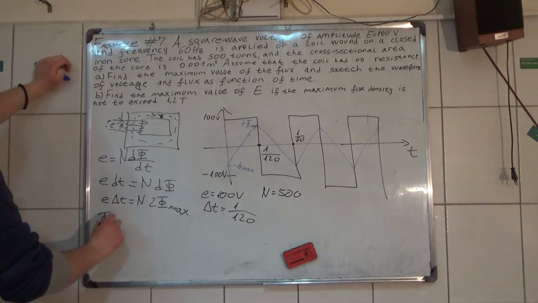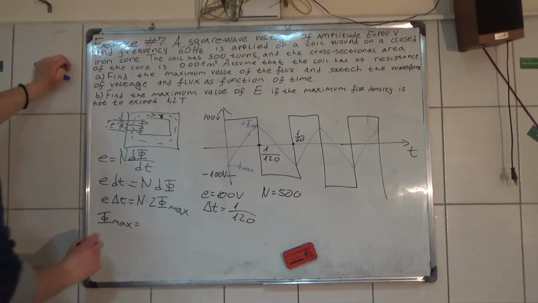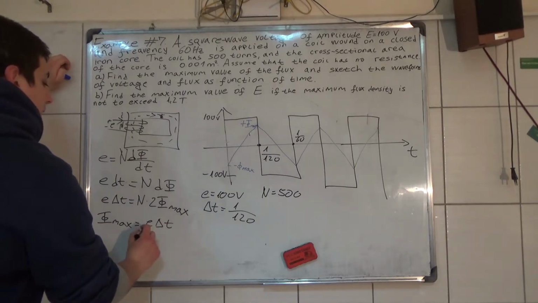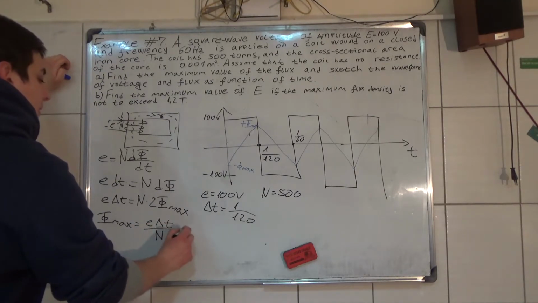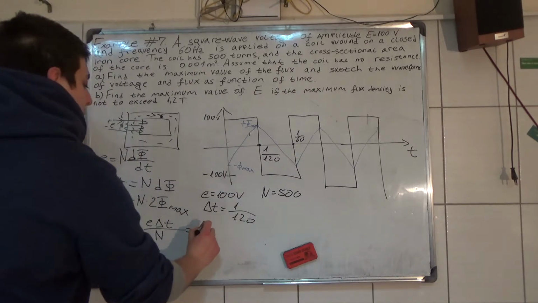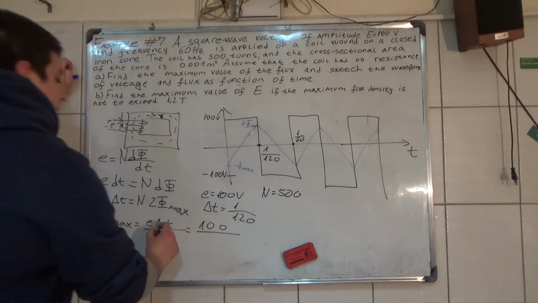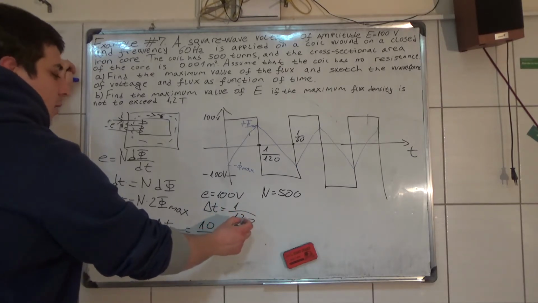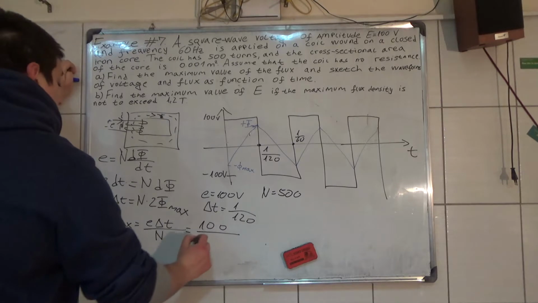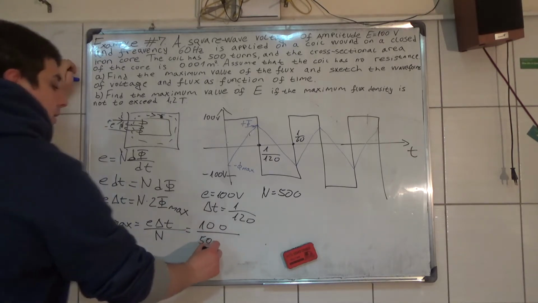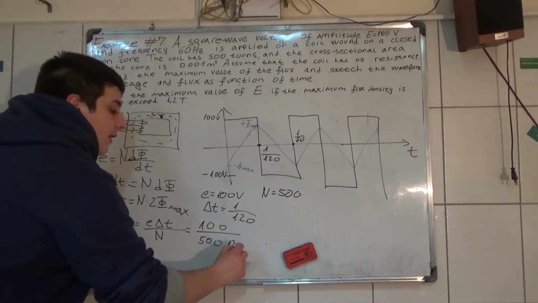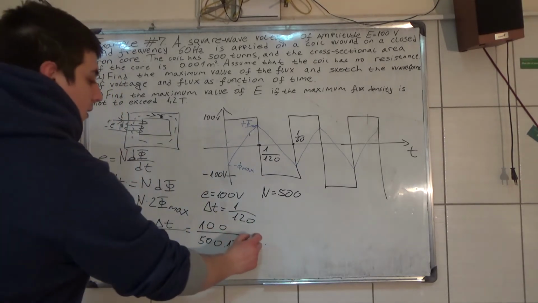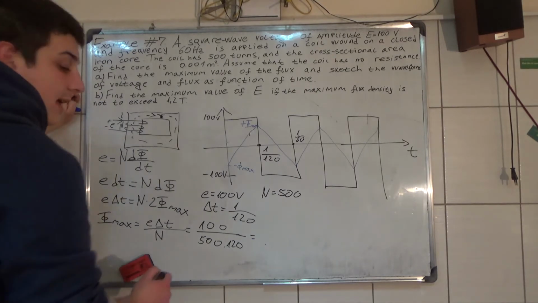Flux max, looking from here, is equal to E delta T divided by the number of turns, that is equal to 100 times 1 divided by 120, divided by 500.